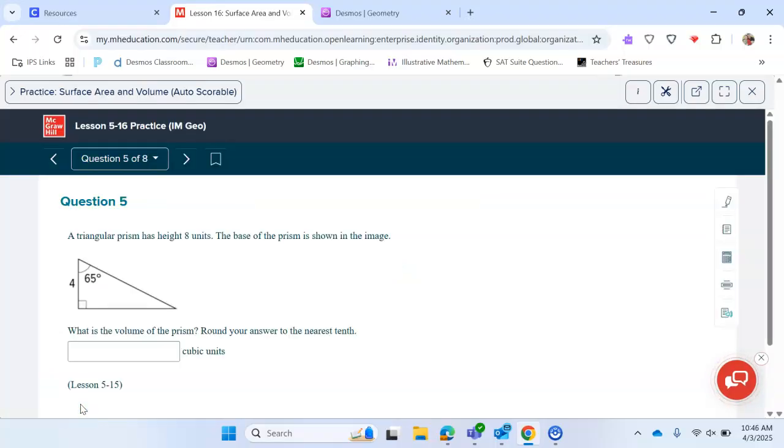Question 5. A triangular prism has height 8 units. The base of the prism is shown in the image. What is the volume of the prism? Write your answer to the nearest tenth. We don't know the base of this triangle, but we can figure it out using trigonometry.